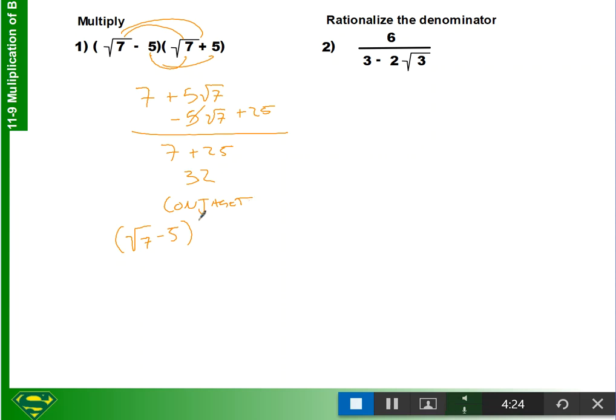The conjugate is what we would have to multiply this by to get rid of that square root. And it would simply be this piece up here. So if I want to get rid of this square root here, I would have to multiply it by the conjugate. In other words, the missing piece of a difference of squares. So the missing piece will have the opposite sign, plus. Same thing in the first term and same thing in the second.